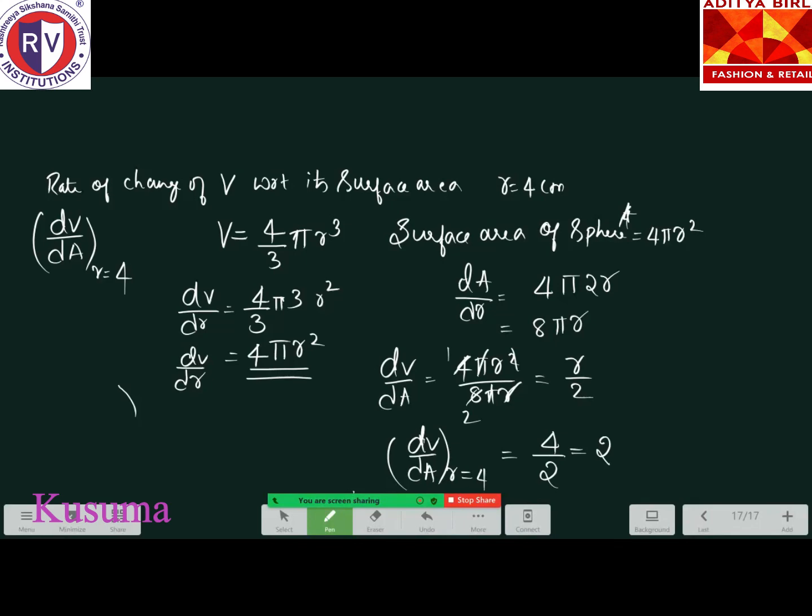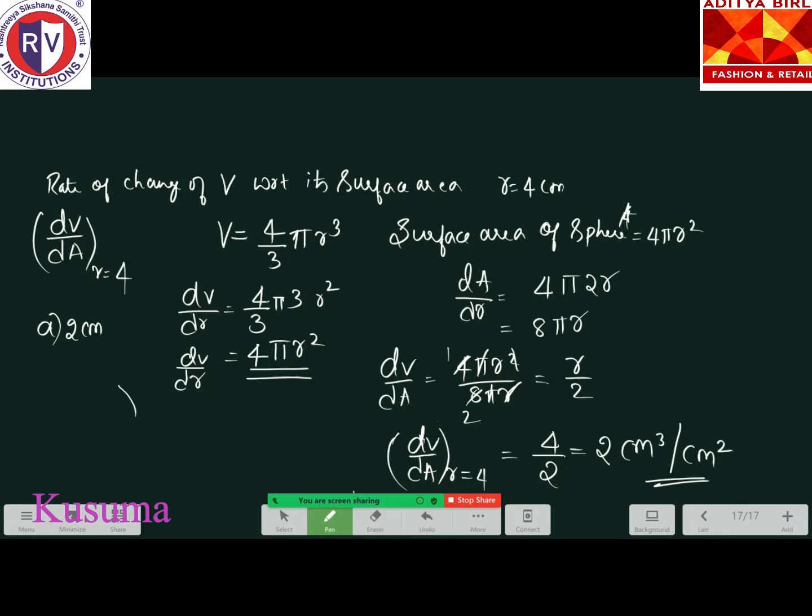Since in the numerator we have volume, this will be centimeter cube. In the denominator we have area, which is centimeter square. This will be the unit. So 2 centimeter cube per centimeter square will be the rate of change of volume with respect to surface area. The options were, sorry, I'm writing it now.